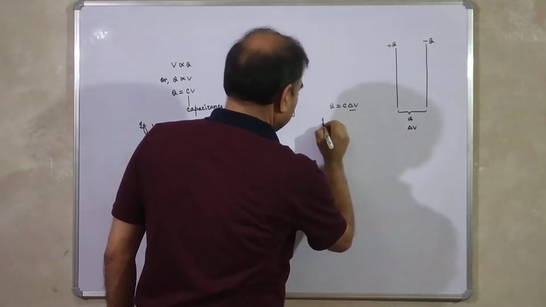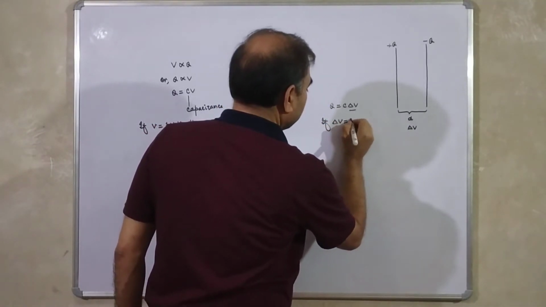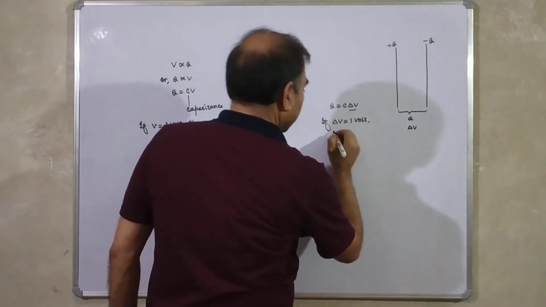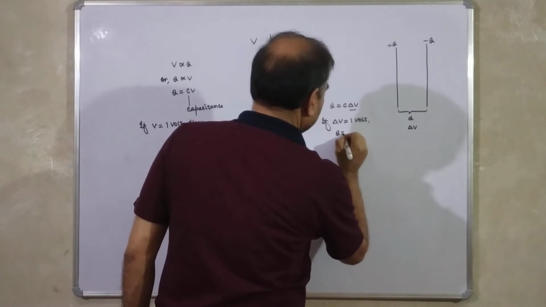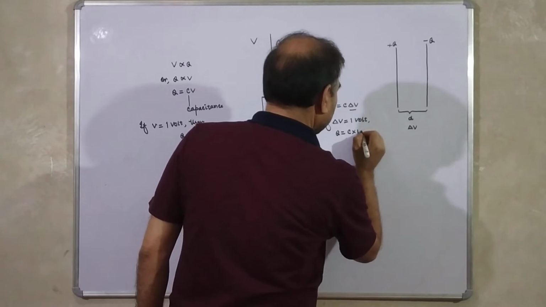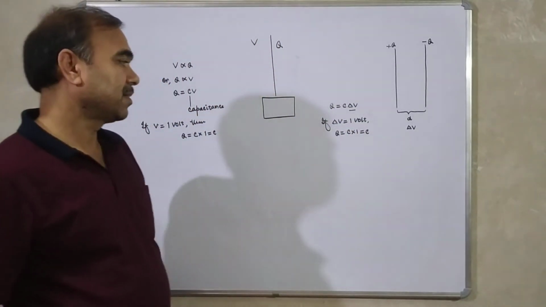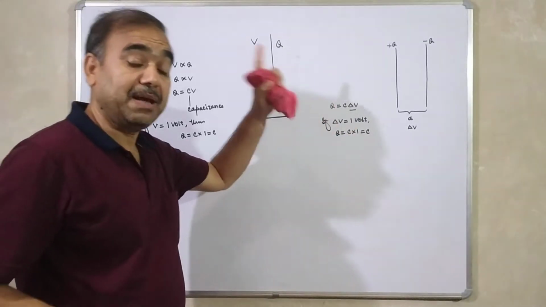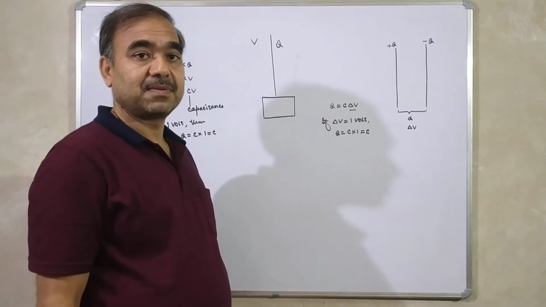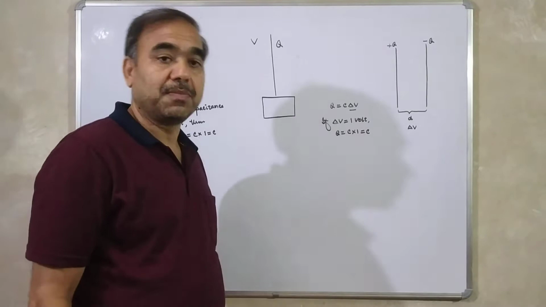And suppose delta V is equal to 1 volt, then you get Q is equal to C into 1, that is equal to C. Therefore, capacitance of a capacitor is defined as the amount of charge given on the capacitor so as to raise its potential by 1 volt.